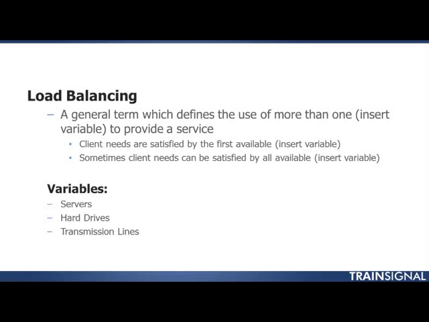Or we could be talking about transmission lines, maybe literal networking. We have two different transmission lines functioning together, looking like one form of communication, but increasing our bandwidth. Those are just some examples. So load balancing is a very generic term that relates to all of these different examples.